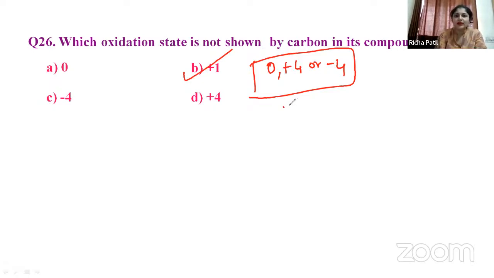But it will be unstable in the +1 configuration. So to show +1 oxidation state, it will be unstable. So the oxidation state which is not shown by carbon is +1. So +1 is the answer. Okay. So we'll go for the next one.